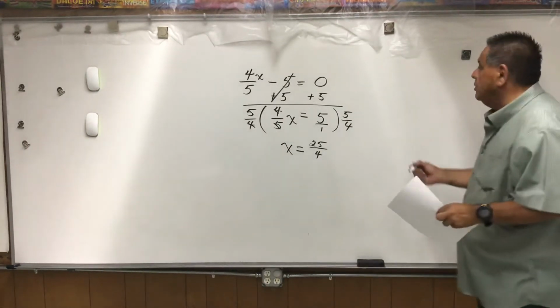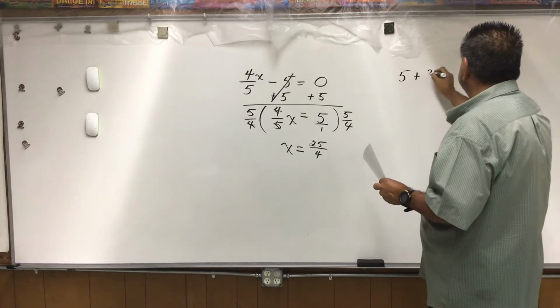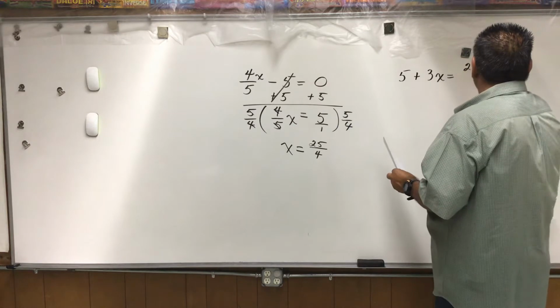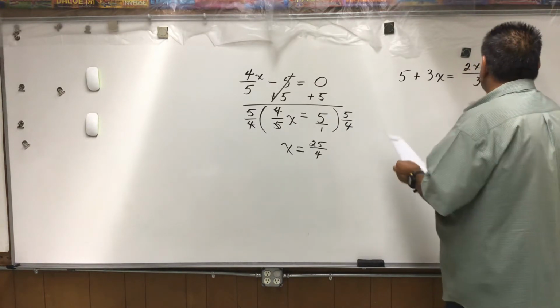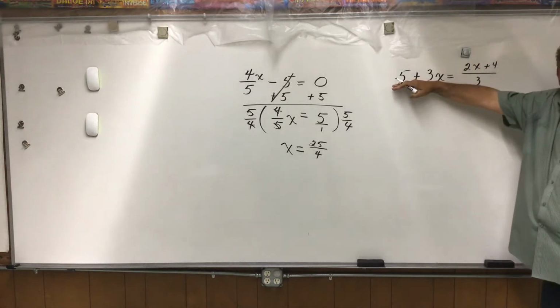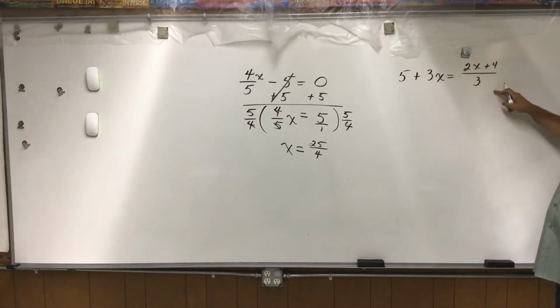Another one I'm going to give you as an example is something like this. Now we have a regular binomial, as it's called, and then we have a fractional binomial. So here, let's eliminate this fraction.